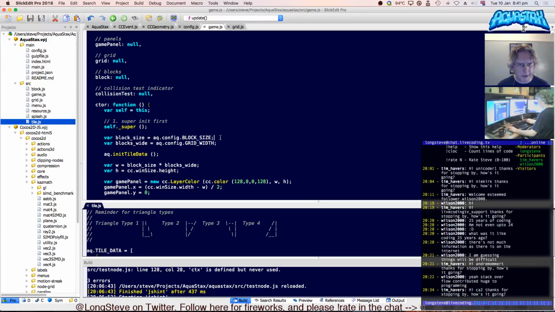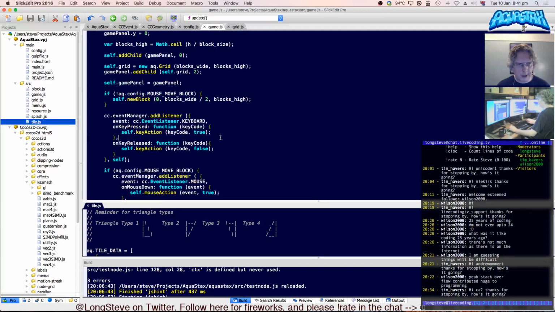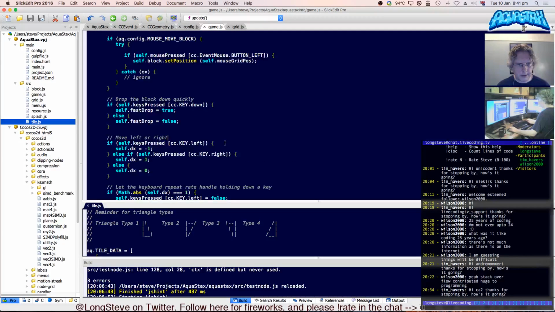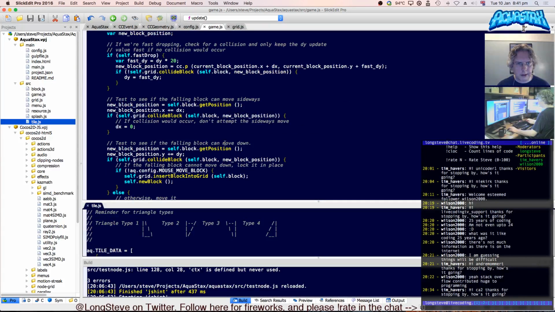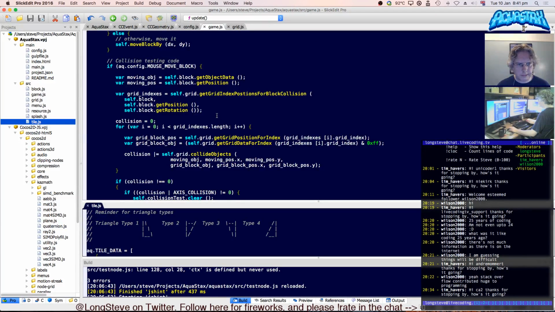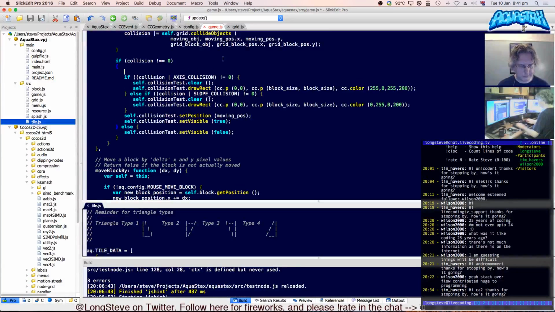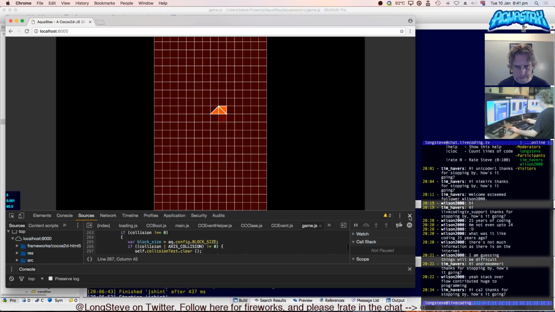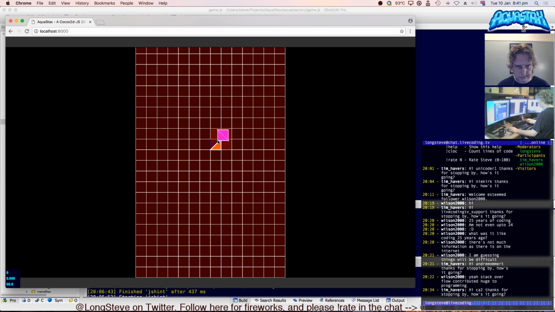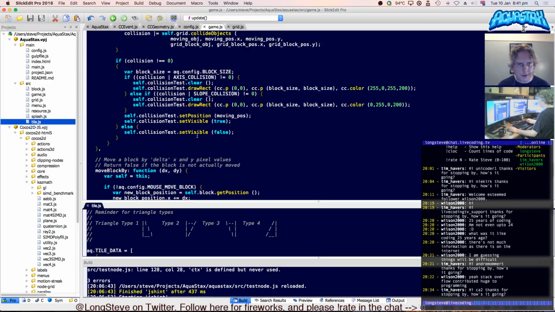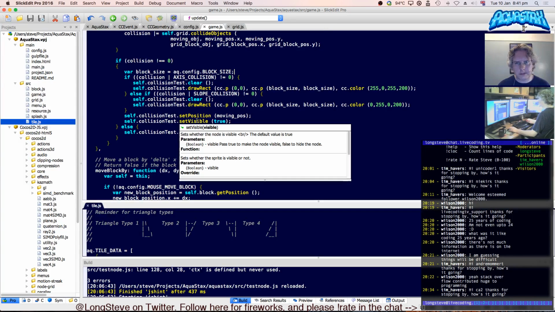It's funny, block size is defined almost everywhere, but I wonder if that's actually working.